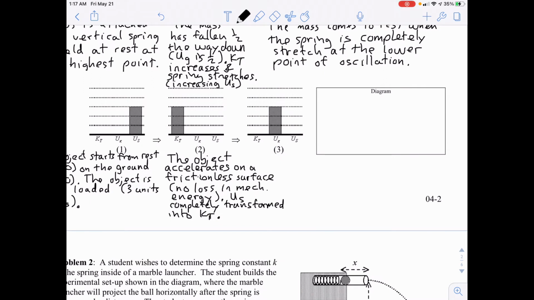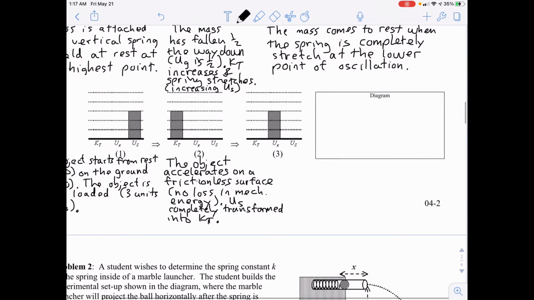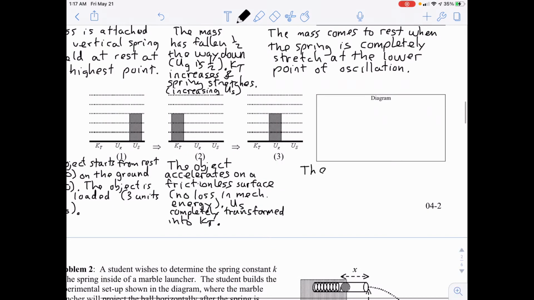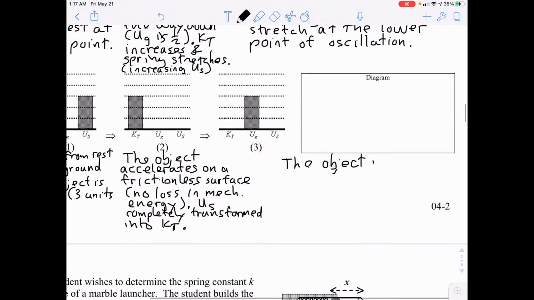And then lastly, the translational kinetic energy completely transforms into gravitational potential energy, which means the object most likely goes uphill. There's no more spring involved, and the object comes to rest. So the object moves up a frictionless incline. Again, how do we know this?